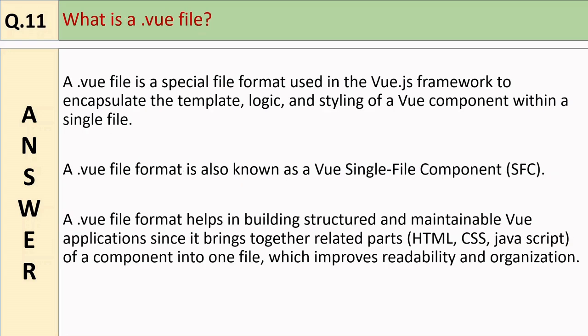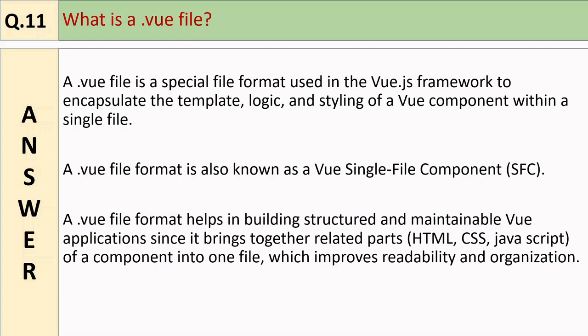What is a .vue file? A .vue file is a special file format used in the Vue.js framework to encapsulate the template, logic, and styling of a Vue component within a single file.